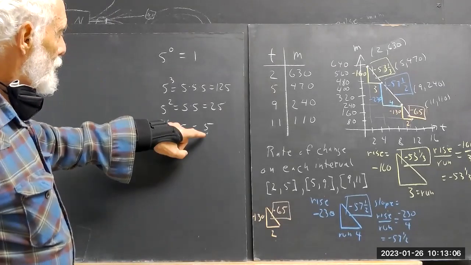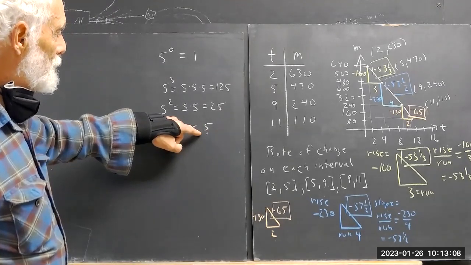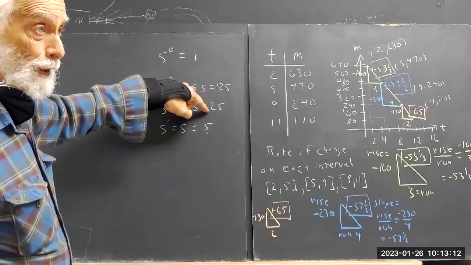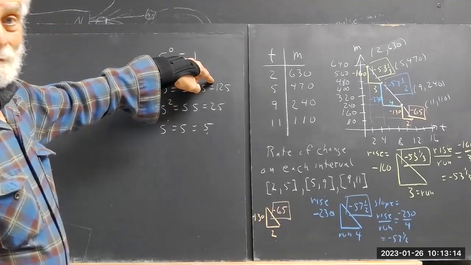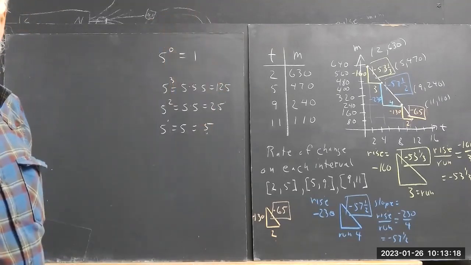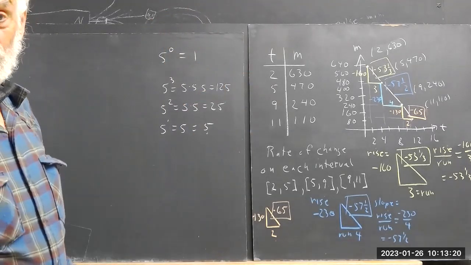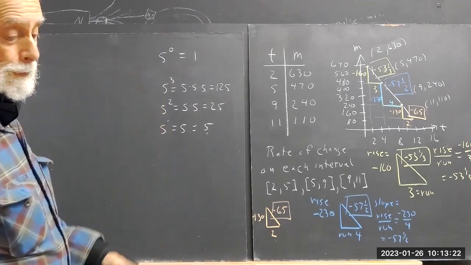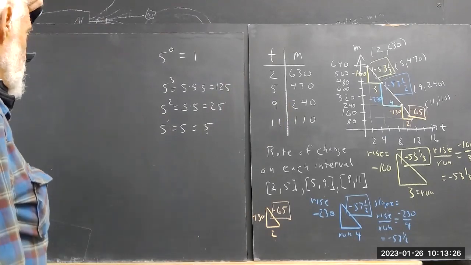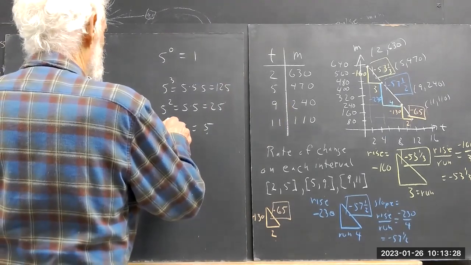Now, 5 times this is this, 5 times this is this, and it keeps on going. 5 to the 4th is 625, 5 times 125, right? 5 to the 5th is 3125, and so forth.